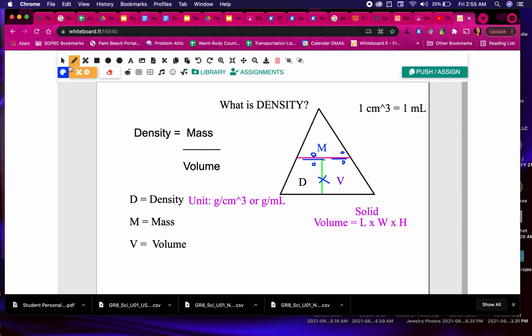And to use your triangle, anytime you want to identify mass, you will be multiplying density and volume.